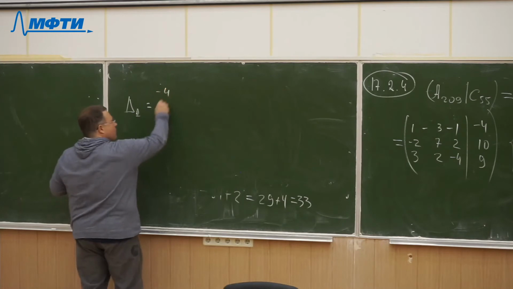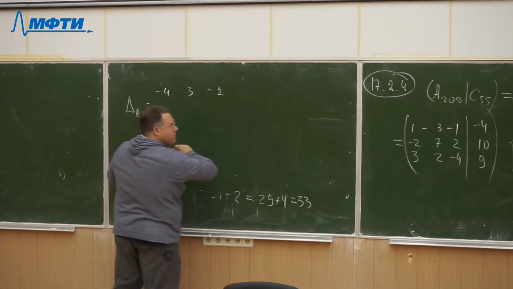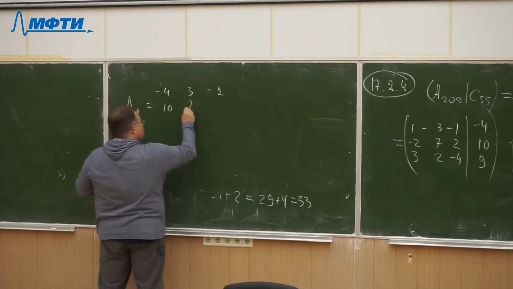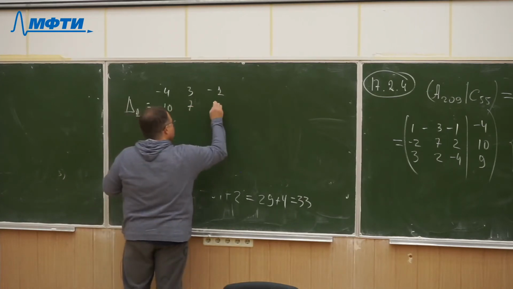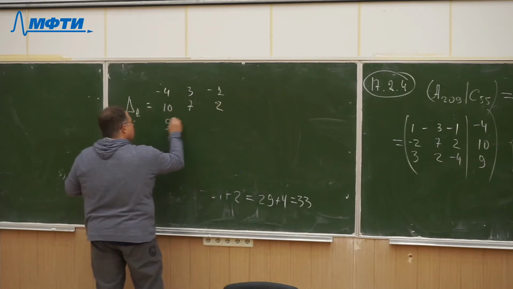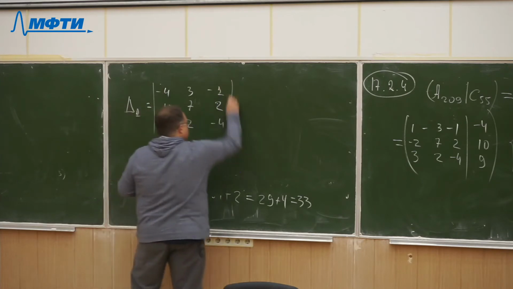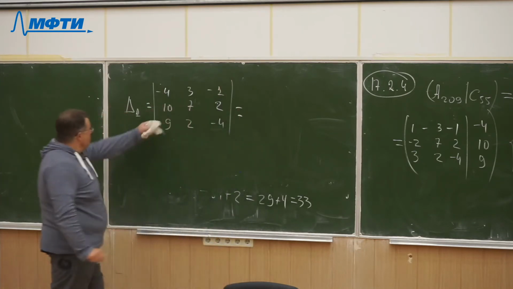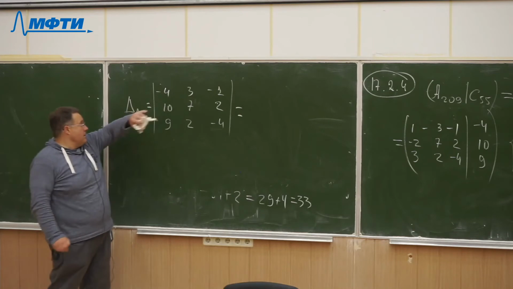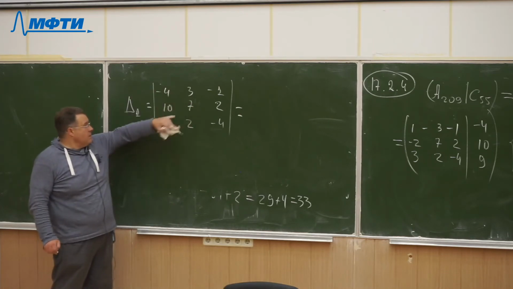Minus 4, 3, minus 1, 10, 7, 2, 9, 2, minus 4. Let's multiply the first row by 2 and add to the second row. What we have?